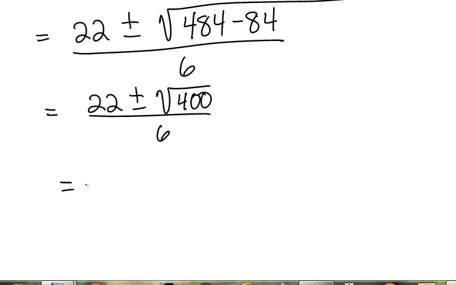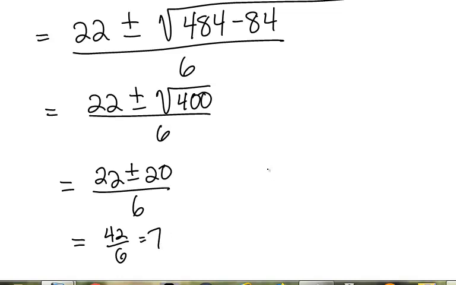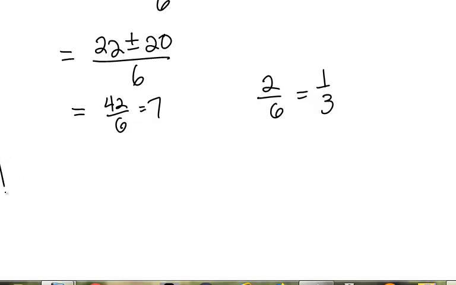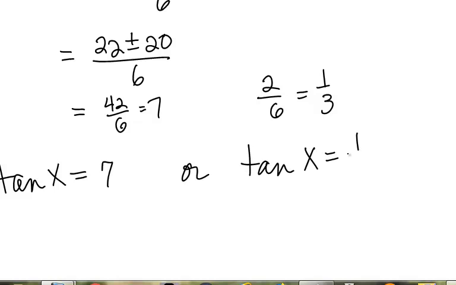And the square root of 400 is 20, right? So you have 22 plus or minus 20 all over 6. So 22 plus 20 would be 42 over 6, which is 7. And then 22 minus 20 would be 2/6, which is 1/3. So your tangent of x equals 7, or your tangent of x equals 1/3.